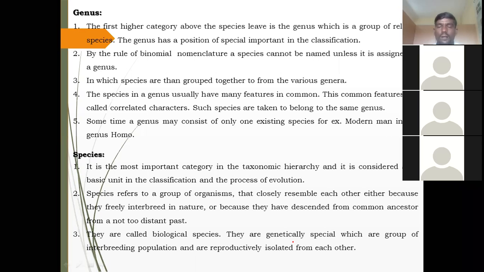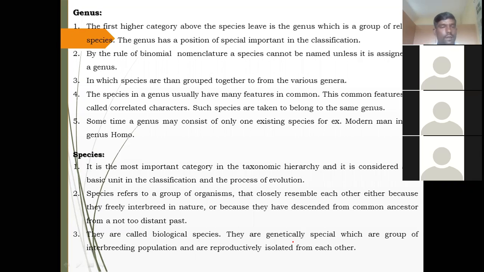If your organisms show similarity at the level of genus, it is called correlated characteristic or correlated species, correlated animals. So they are kept in the same genus.